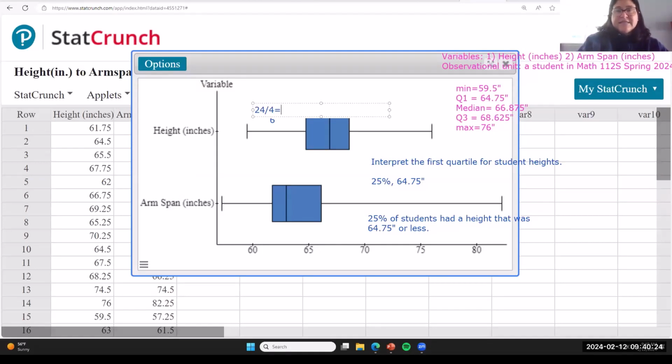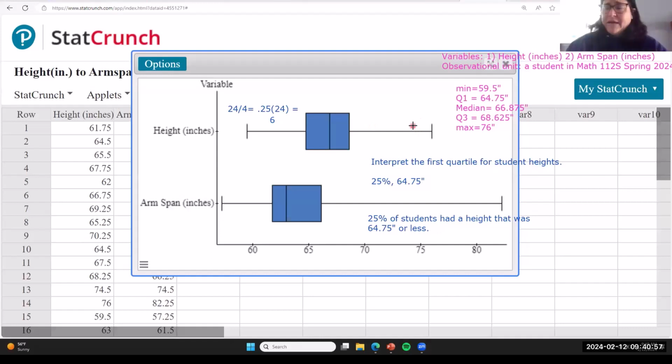That's the same as taking 25% of 24, right? Either way, I just know there are 6 students here, 6 students in the next quarter, 6 students here, 6 students here, and then 6 students in the whisker on the right.